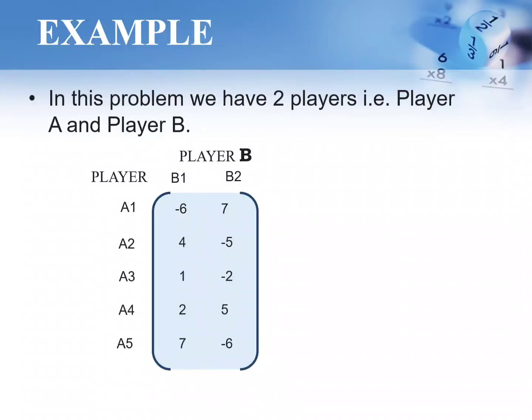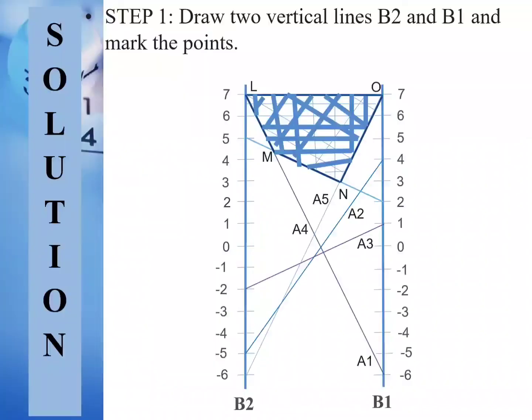Here we have 2 players, player A and player B, where player A has 5 strategies and player B has 2 strategies. So we can see that the values are minus 6, 7, 4, minus 5, 1, minus 2, 2, minus 5, 7, minus 6. So, in the first step, we have to draw 2 vertical lines, that is B2 and B1.